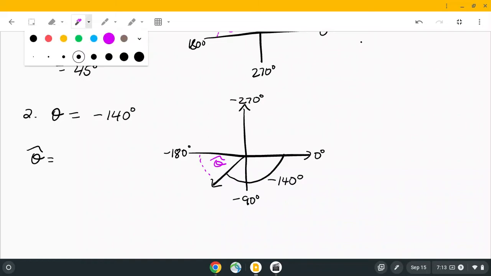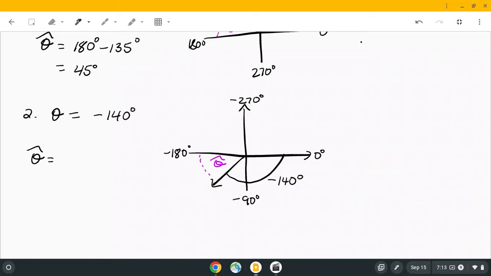And we see that that is going to be the difference between negative 180 and 140. Negative 180 minus negative 140, and we get negative 180 plus 140, and that gives us negative 40 degrees.